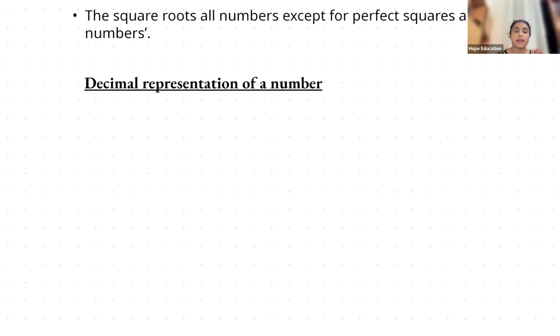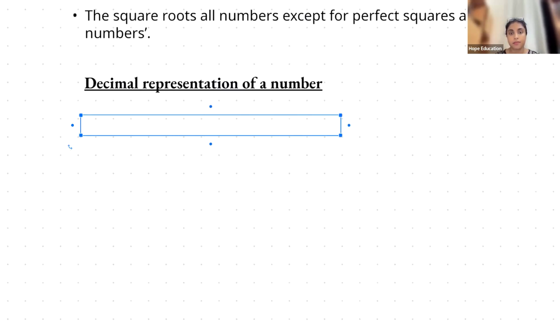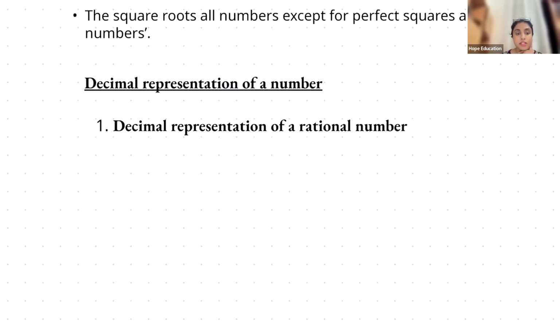Okay. Under that, I want you all to write a subtopic. Number 1, decimal representation of a rational number.